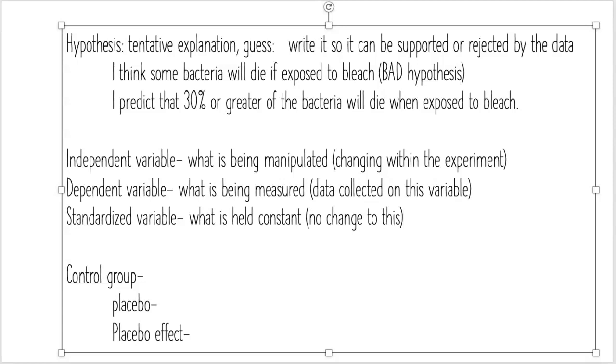So the dependent variable is the growth of the plant. The independent is the amount of sunlight. The standardized variable, you better use the exact same type of plant. All tomato plants. All the same type of tomato plant. You don't want a red and a yellow and an orange tomato plant. You want all the same type. Maybe 12 Roma tomato plants are going to be used for this experiment.